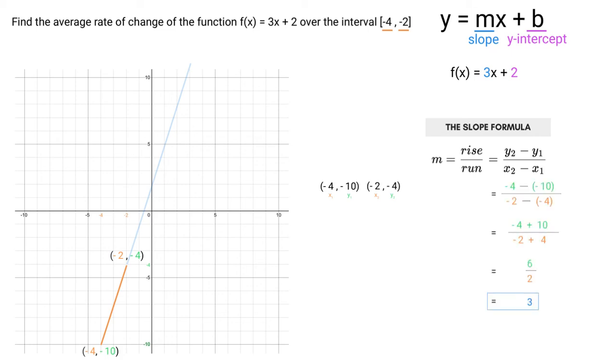And finally, I plugged in my x and y values into the slope formula, starting with y2. So I did -4 minus -10, which turns into -4 plus 10, over -2 minus -4, which turns into -2 plus 4. And the final answer is 3, which we already knew, but I wanted to show you the work.